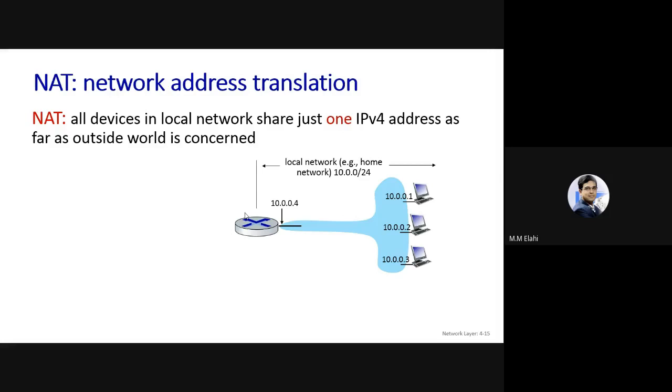Now you can ask me why the classes are important. Because there are organizations with the largest networks, like Microsoft, Google, Facebook. They need a huge number of hosts in a particular network, so they will use class A. Then there are medium category networks.